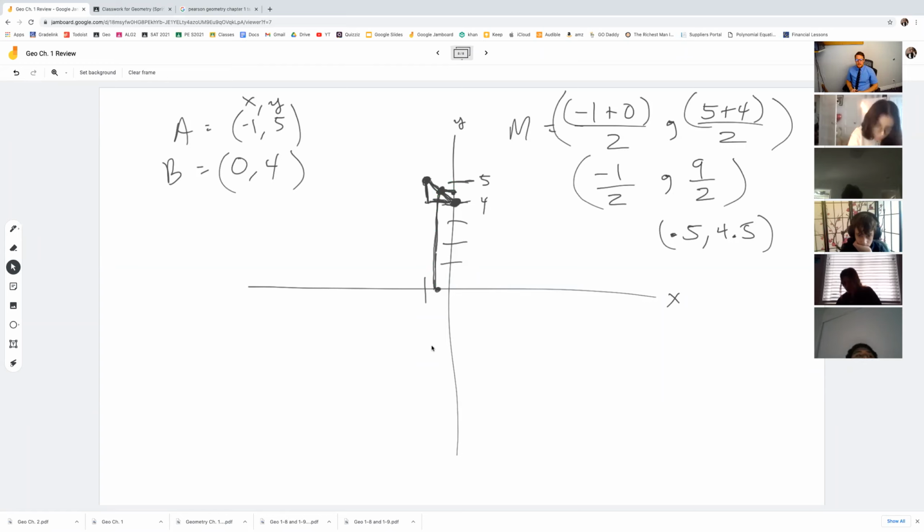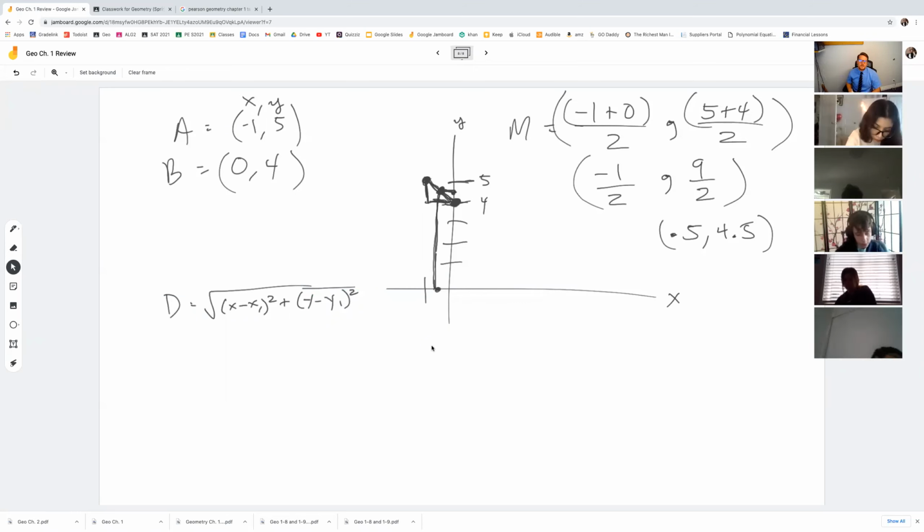Okay? Now, let's actually go ahead and do the distance formula for this same problem. The distance is equal to the square root of x minus x1 squared plus y minus y1 squared. Okay, that's the distance formula.